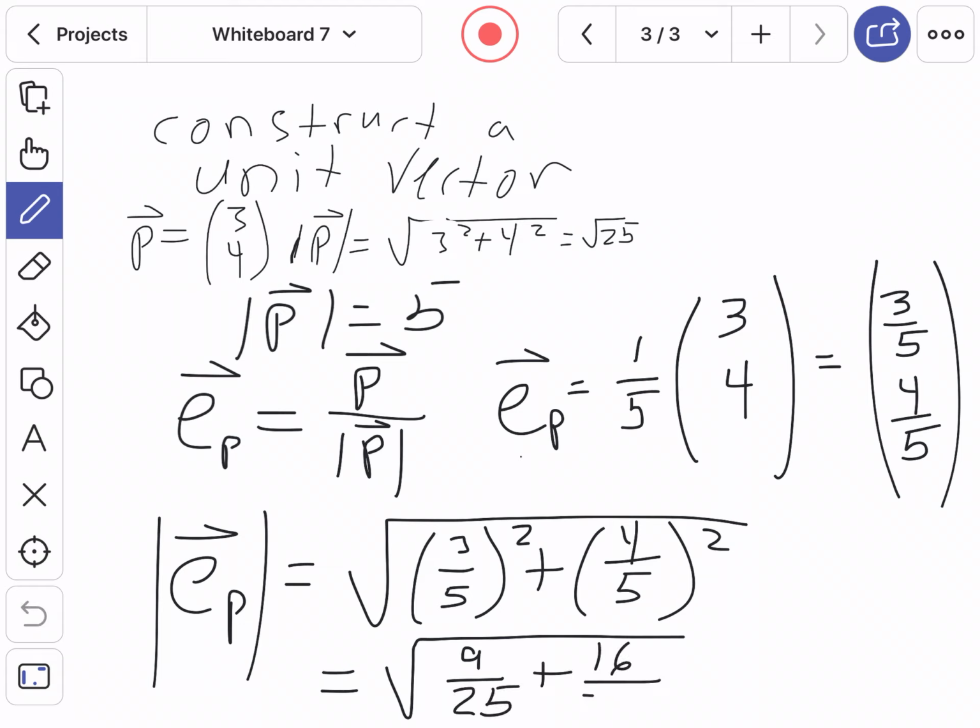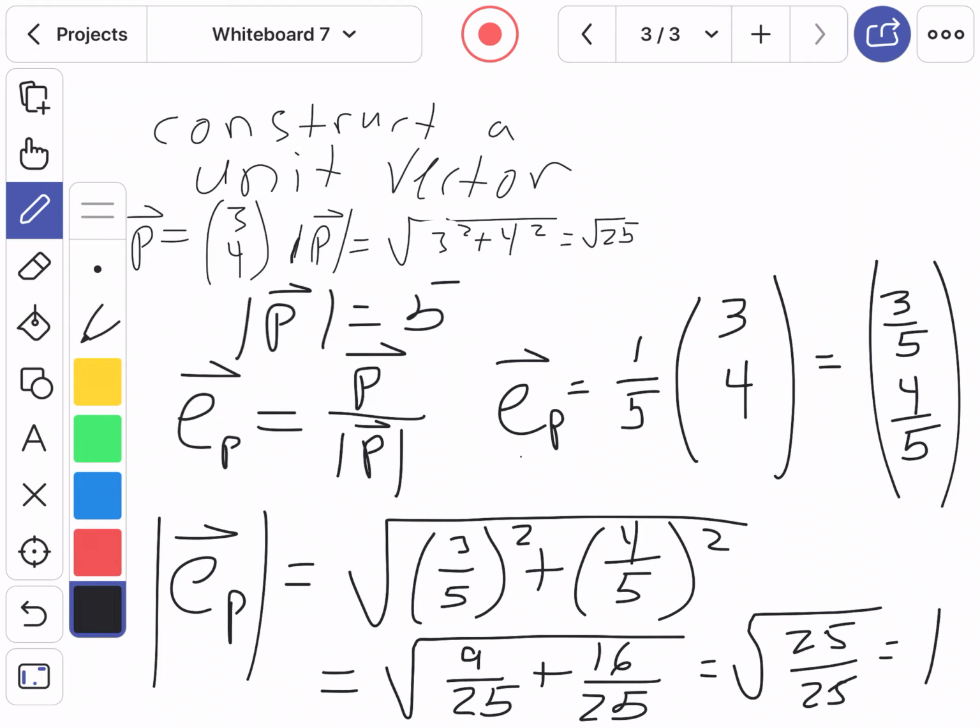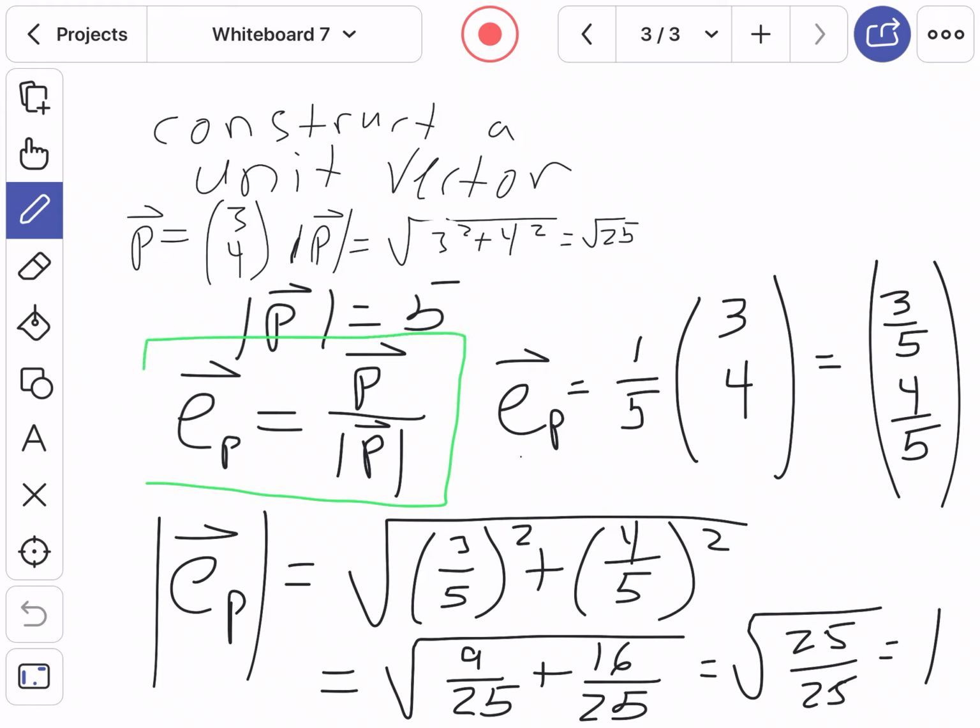Okay. Let's see, 9 over 25 plus 16 over 25, that's 25 over 25. So it's 1. So this is the rule right here for a unit vector.